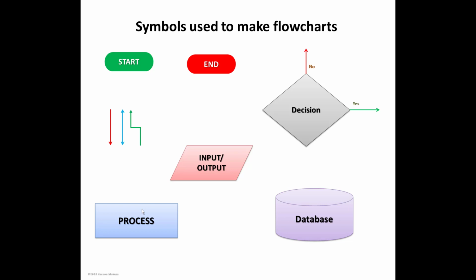You only see the results. You don't see it happening, but it happens in the background when the program is running. A database stores data or information. It can be represented with this form of a tank with some lines across. So that is one as well.